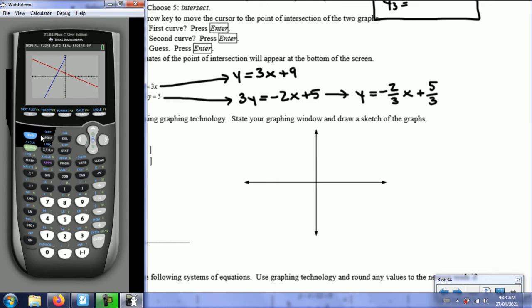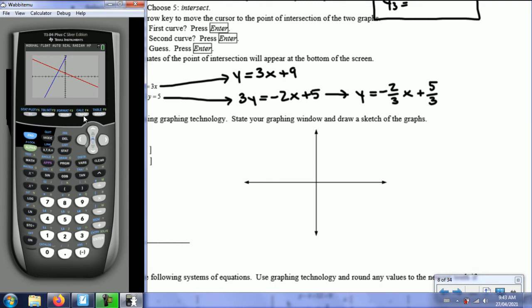And so I guess we need to find our window settings. So our window is negative 10, 10, 1 for both x and y, so just in that order. We'll remember that. So back to the graph. We need to find this. So if this was Desmos, I'd just move my cursor over that and click there, and it would tell me.